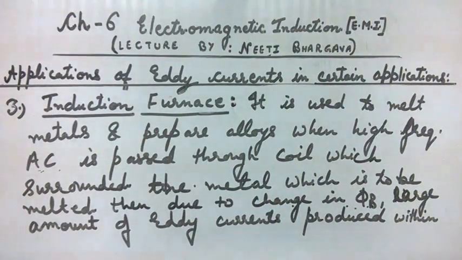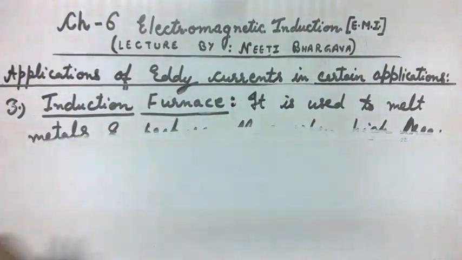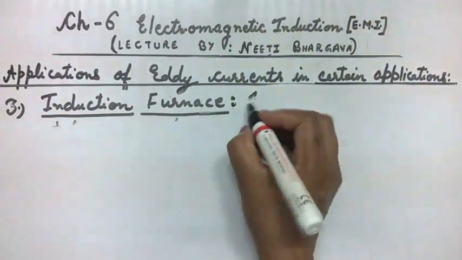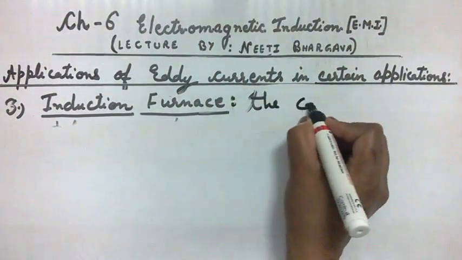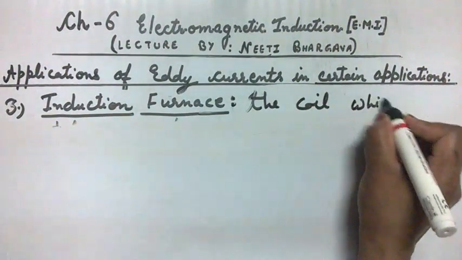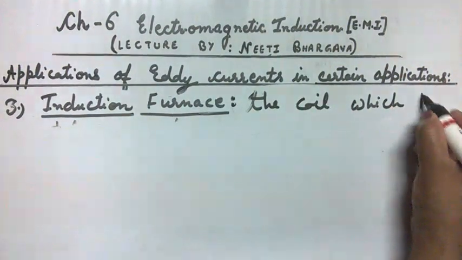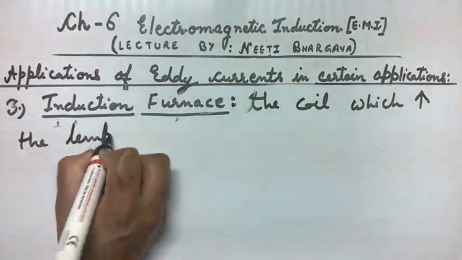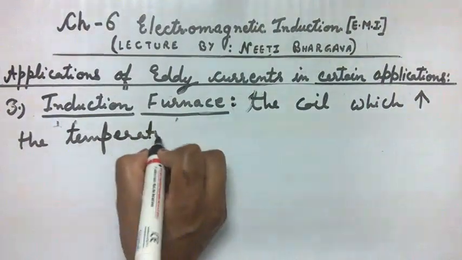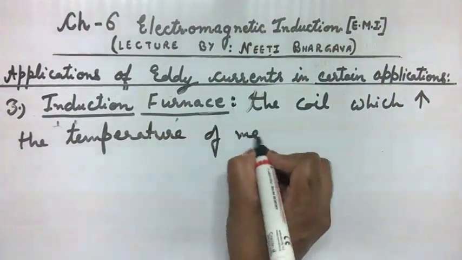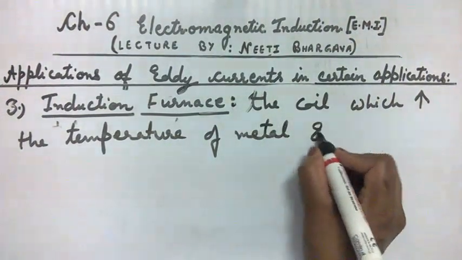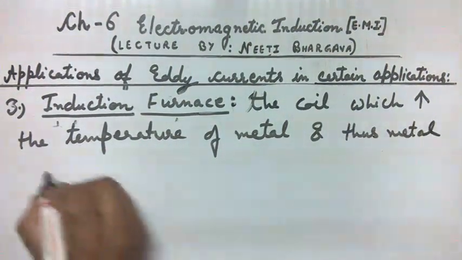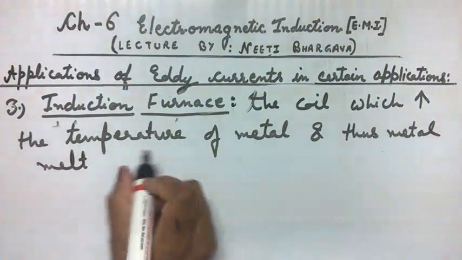Eddy currents are produced within the metal, which increase its temperature, and thus the metal melts at its melting point.